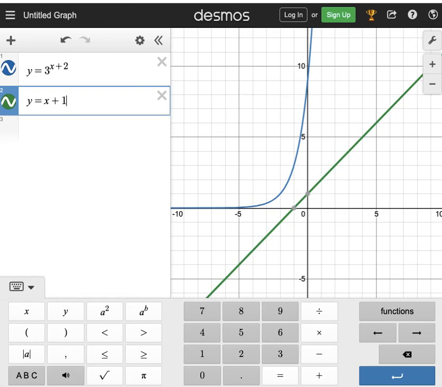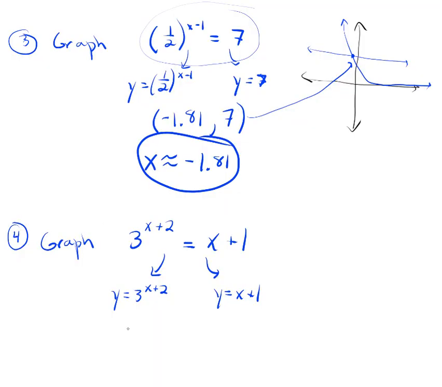So we notice that both graphs are not intersecting at all. So that means it's a no solution, meaning that there are no numbers that we can put in for x in our original equation that will make it true. So there are no solutions there.